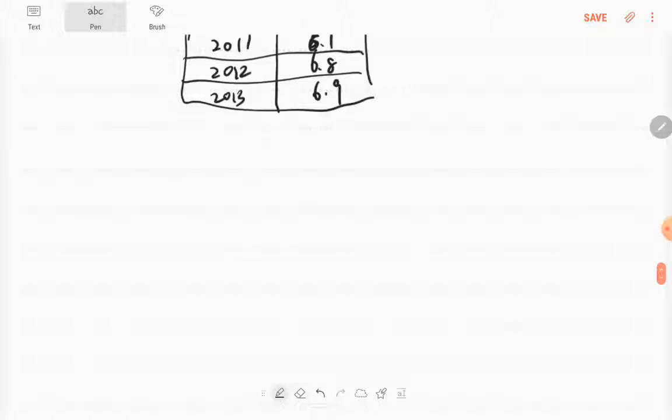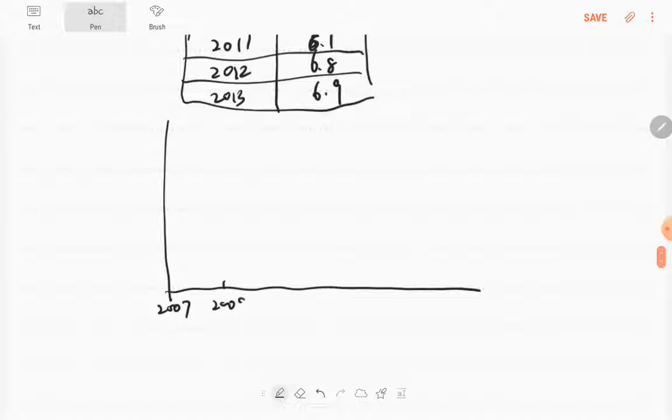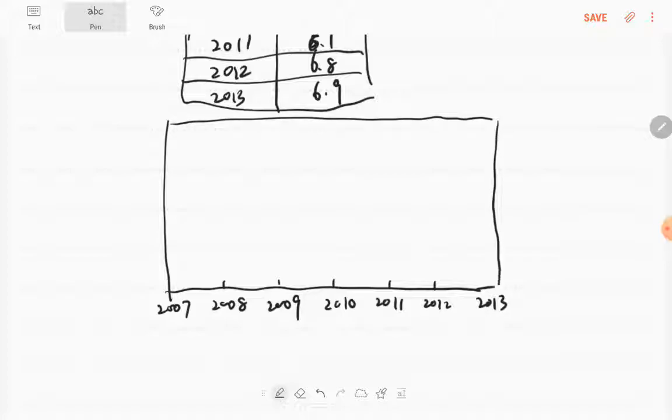So first, we still need to list the horizontal line. And the horizontal line just tells us the different years. Okay, and we use the vertical line to represent the net sales.